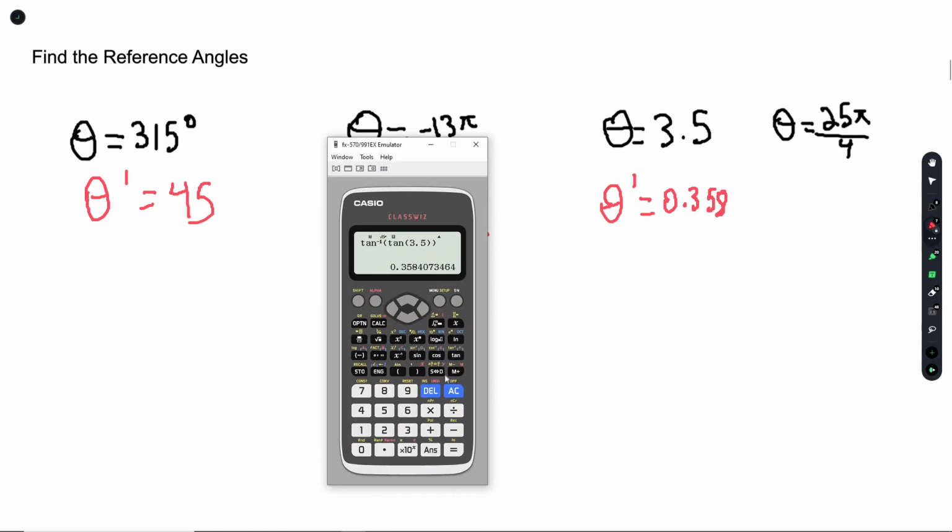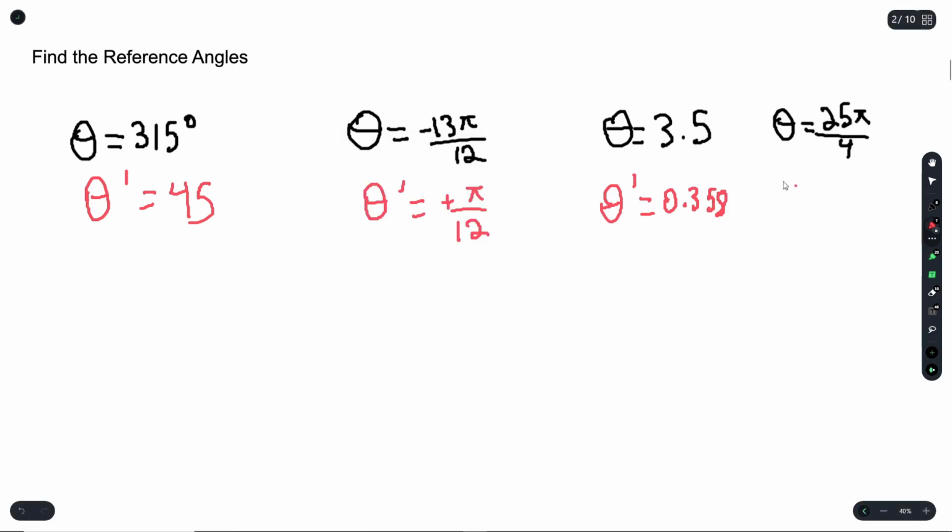For the last one, it's also in radian. So shift 10, 25 pi over 4. So it's pi over 4. That's how you solve it.